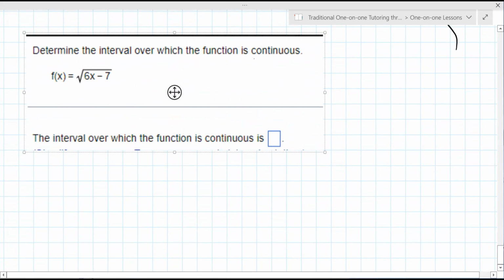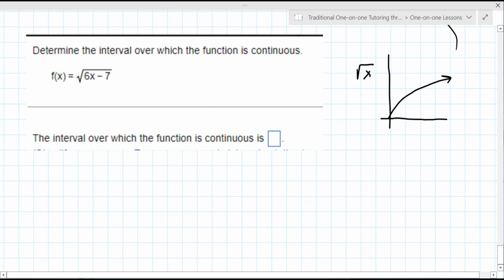Okay, so square root functions, the square root of x, it has this graph that starts at 0 and goes like that forever. To determine where it is continuous is actually really asking what is its domain. So to find its domain, you set this inside part, 6x minus 7, greater than or equal to 0.